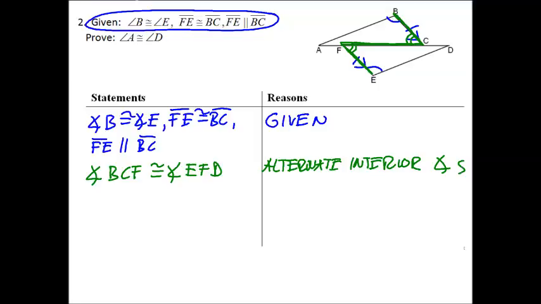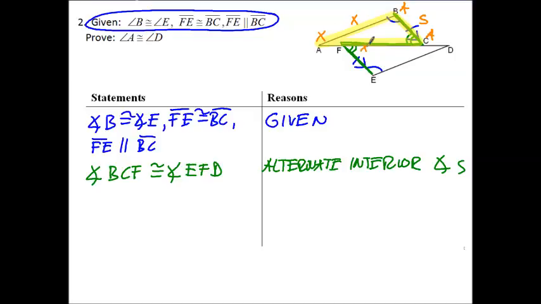Time to stop again and see how many parts of the triangles we have found congruent. Looking at our top triangle, we have found an angle, this side, and an angle that are congruent to the corresponding parts of the other triangle. And we don't even have to notice that these other parts we don't have.